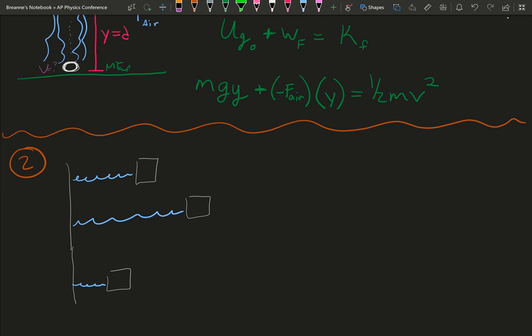Oh, my equilibrium's a little off. Let's try that again. Okay. So this, again, is our equilibrium. That means there's no elastic potential. There's no elastic potential at equilibrium. It's moving its fastest, so it's all kinetic energy.